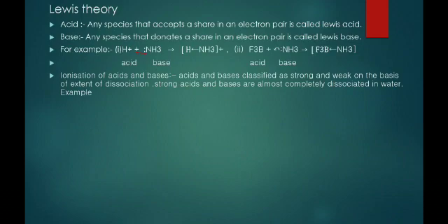Strong acids and bases are almost completely dissociated in water. For example, as I explained previously, HCl is a strong acid which in aqueous solution completely dissociates into the H plus ion and Cl minus ion. Similarly, NaOH is a strong base which also completely dissociates into the Na plus ion and OH minus ion.